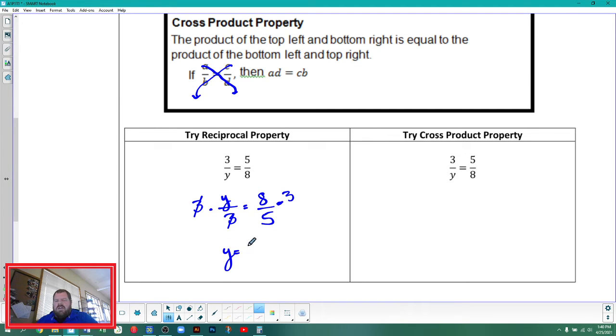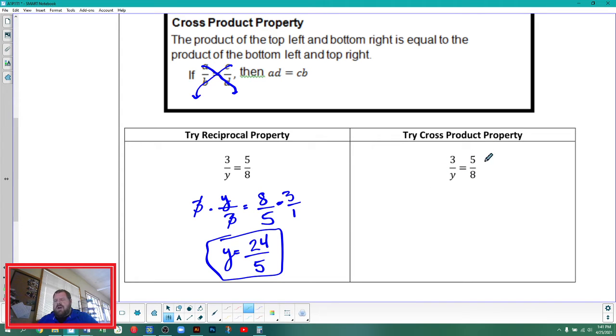We get y is equal to 8 times 3 is 24, so 24/5. And remember, I do not multiply that 3 by the 5 because that 3 is really 3/1. In multiplying fractions, we multiply top by top, bottom by bottom, and we're good to go. So that's one way to get there.